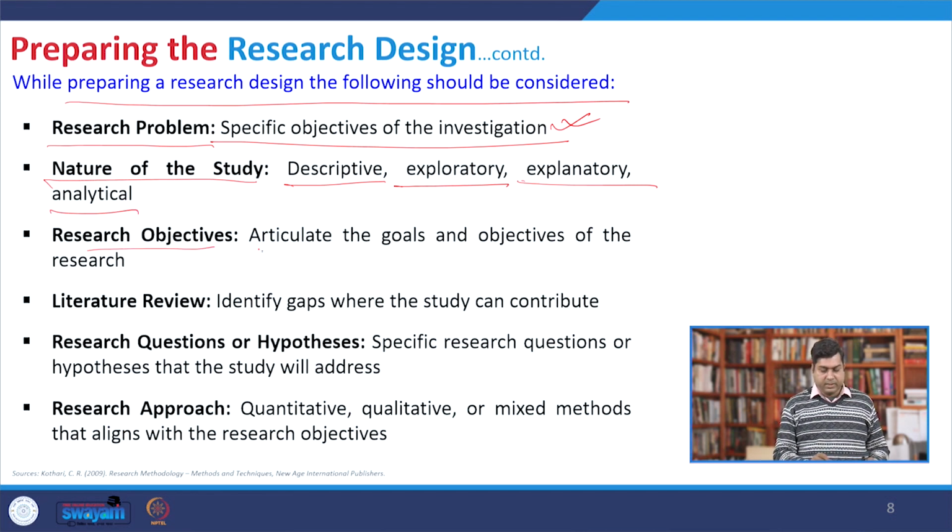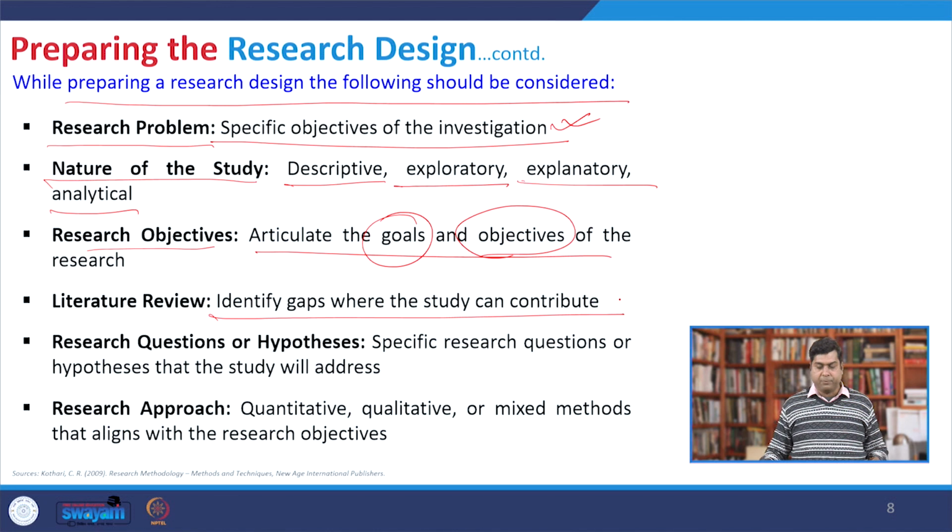Then the research objective, which should be very articulated goals and objectives of the research that you define. Then identify the gap, literature review, research questions and hypotheses that we have discussed, and the research approach.